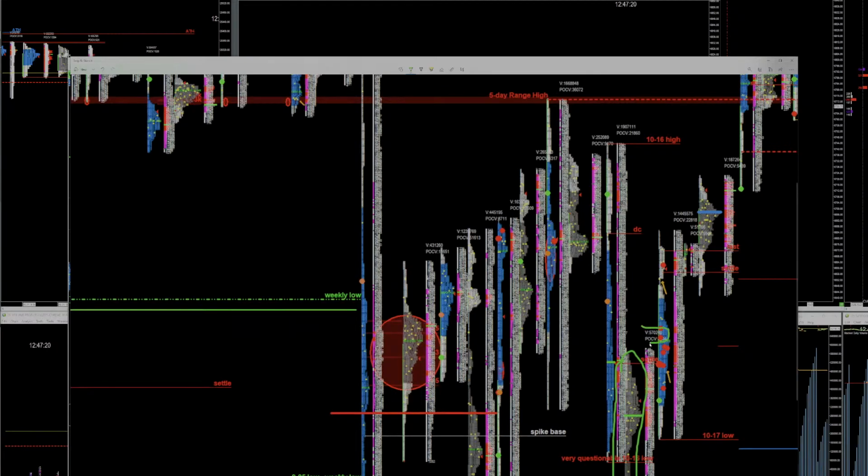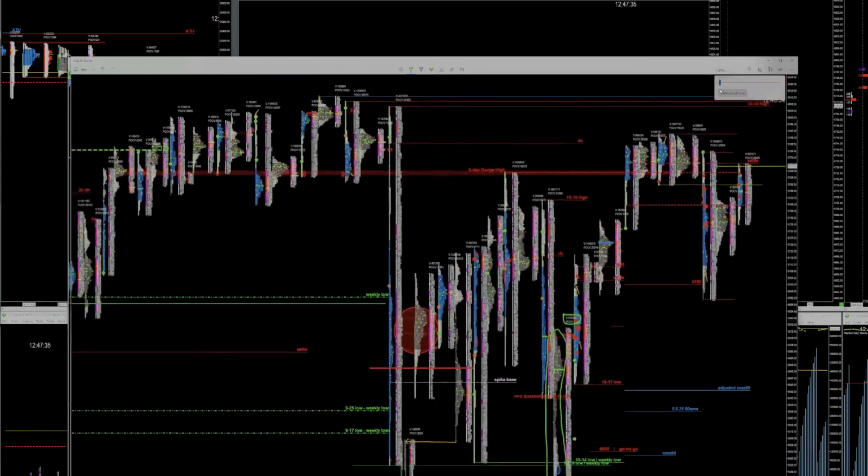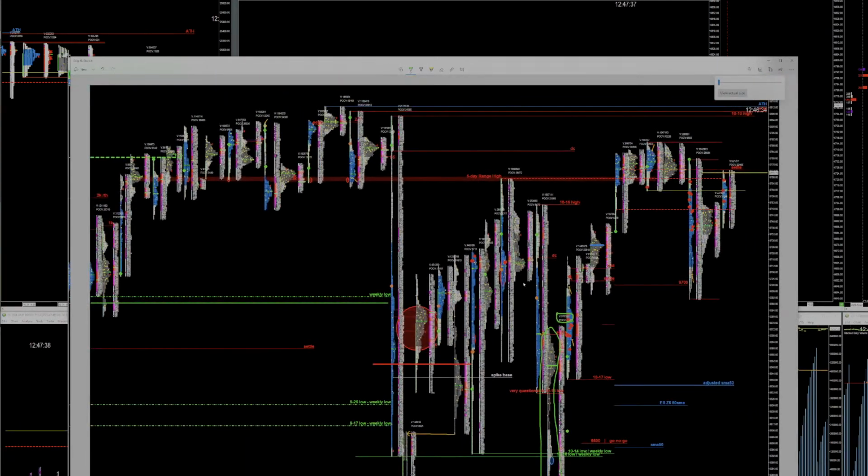The volume that we have here was unusually high, and it was at the lows after an extended overnight session in which the market took the low of the 4-day range out for a second time, but it did not have acceptance. It opened inside. Notice the difference between this volume, for example.